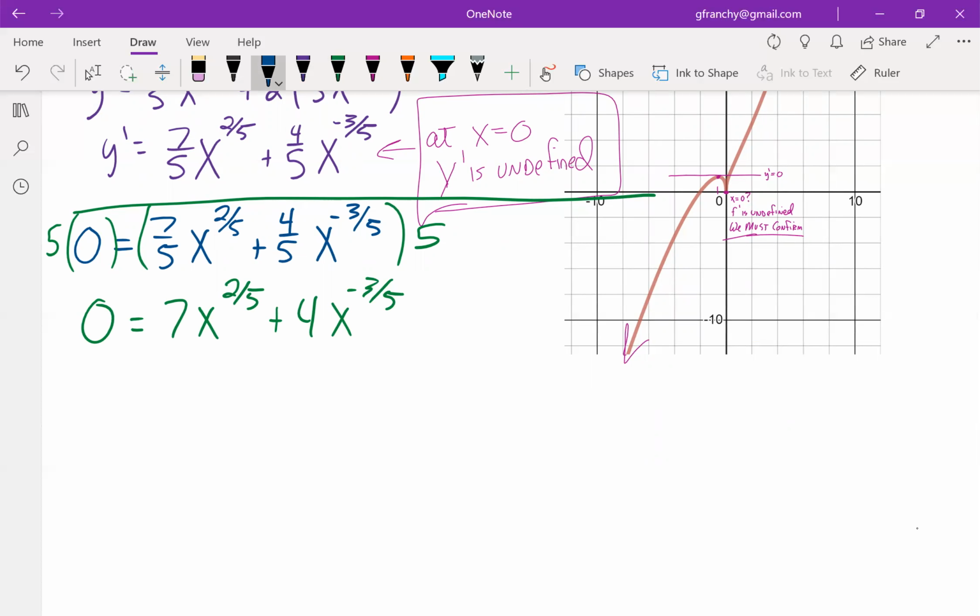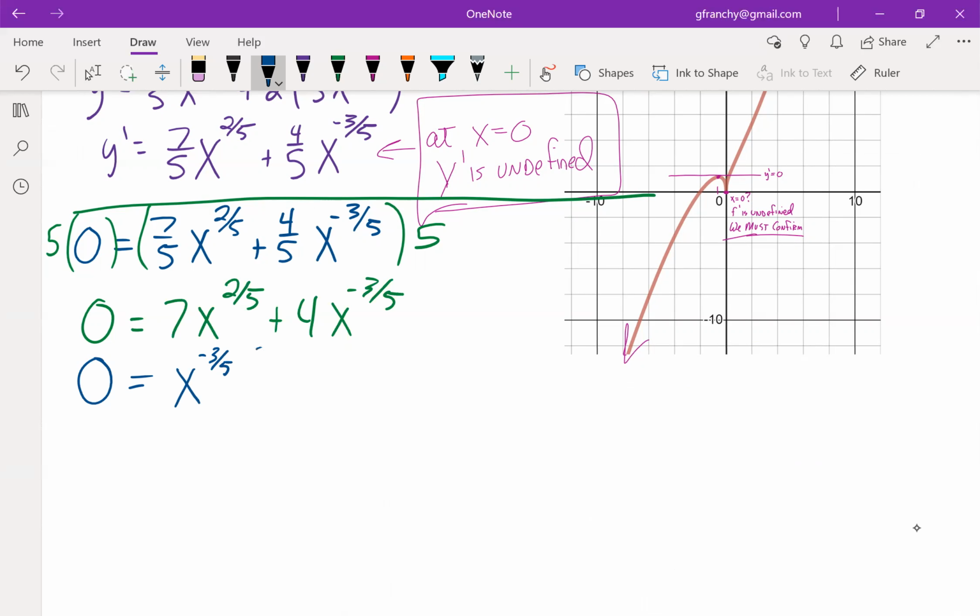And the next thing I'm going to do, and hopefully you remember this from college algebra or pre-calc, I've got two terms in here, so I'm going to go ahead and factor out the lowest power of x.